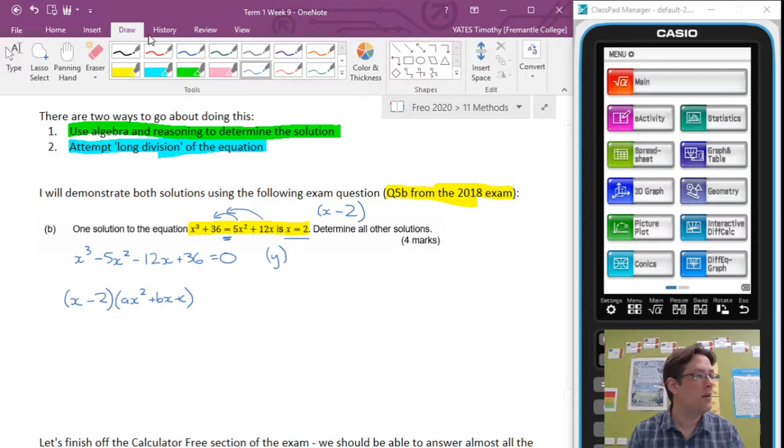Now, I'm doing the algebra and reasoning version on this side. On the other side, I'll do the long division version. So just on this side, we're going to be doing the algebra and reasoning to determine our solution. So we're trying to find what A, B, and C are in this equation, so that when we multiply this on the left side by that on the right side, we end up with this equation.